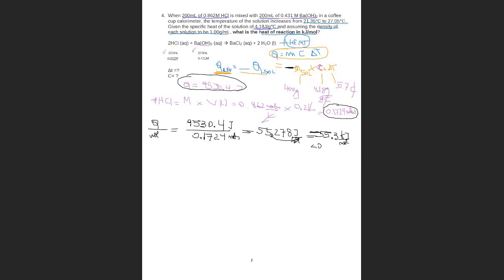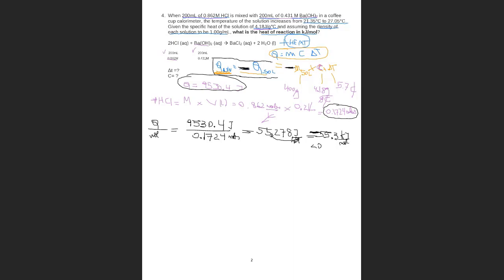Any questions there? Also on the formula, I'm a little bit confused. There's this formula where you say the Q of the reaction is equal to negative Q of the solution. Does that same formula mean the one on the right side, or is it a different one? What it says in this one is that they have opposite signs.